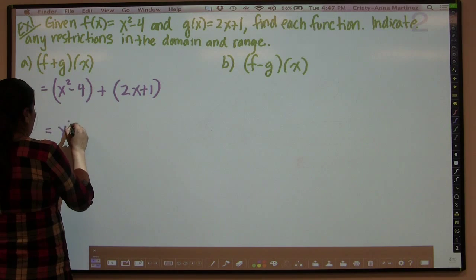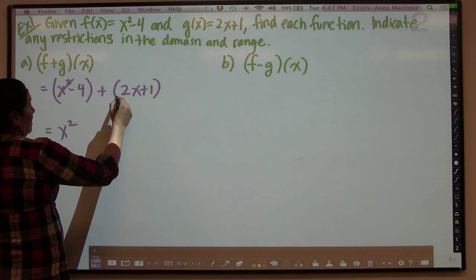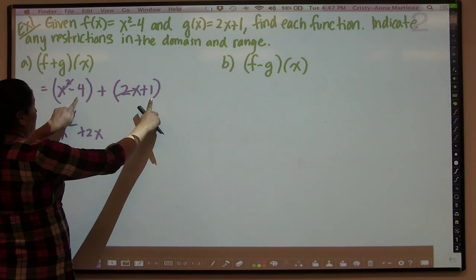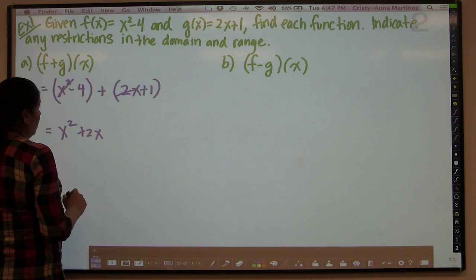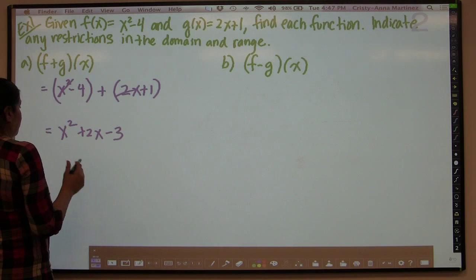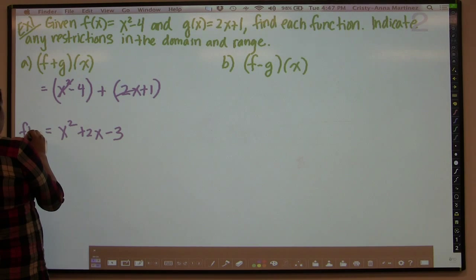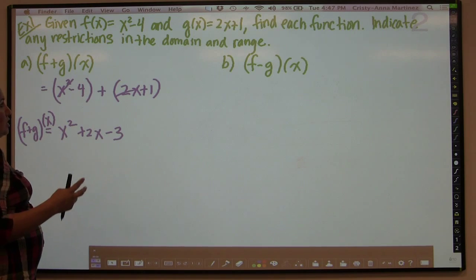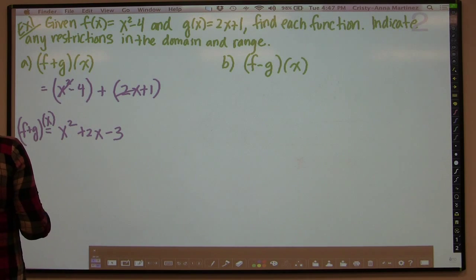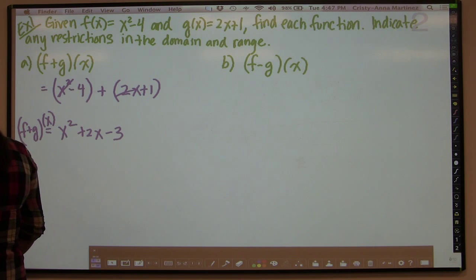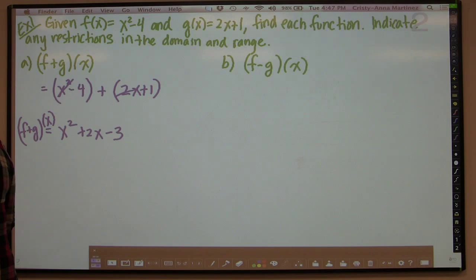So we have x squared from here, plus 2x from there. And then we combine the like terms, -4 and +1, and -4 and +1 is -3. So this becomes my f plus g of x function. Now because both original functions had domains that were all reals, the addition of the two functions also has a domain of all reals.